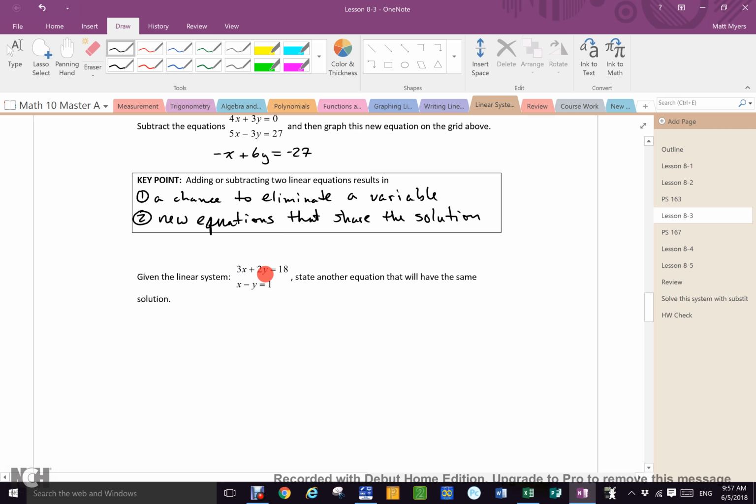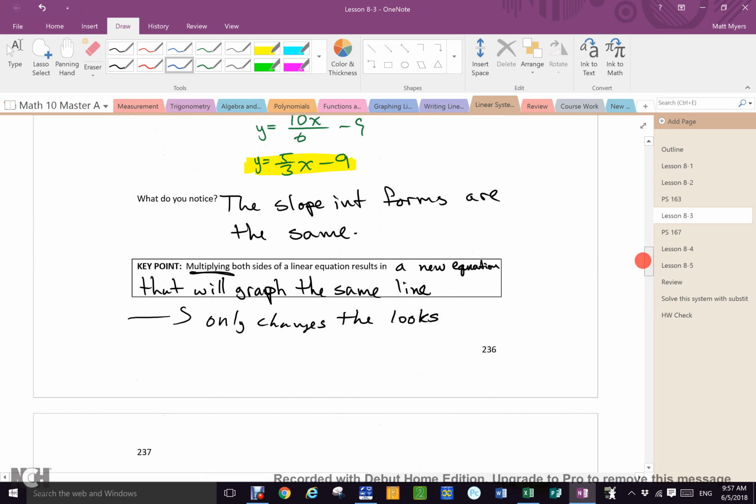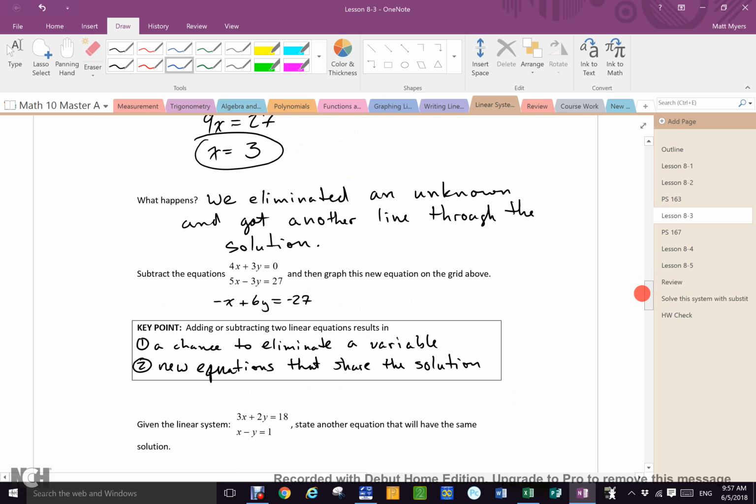So here I have two equations in a system, which means somewhere on the Cartesian plane those two lines are going to cross, and that will be the solution. I want another equation that will share that solution. If I multiplied, it wouldn't change it.